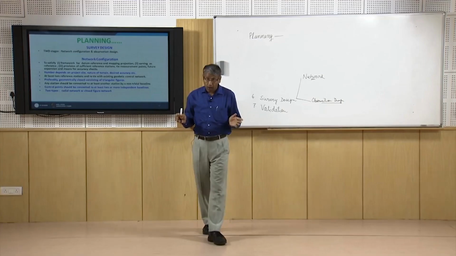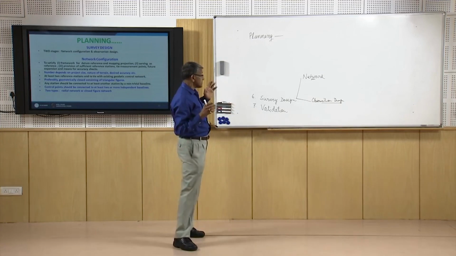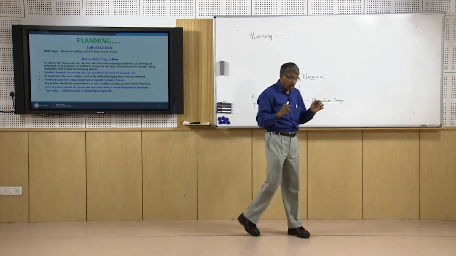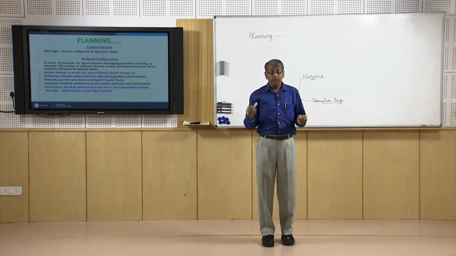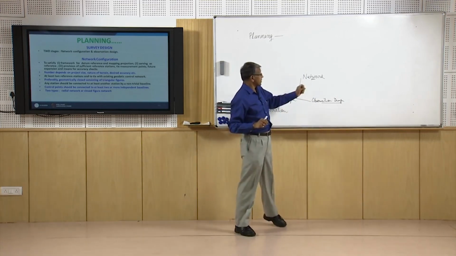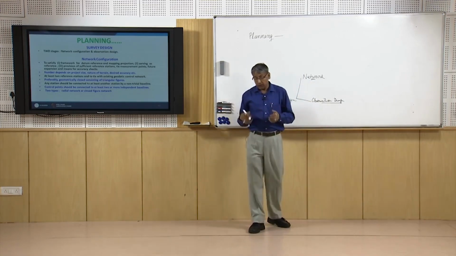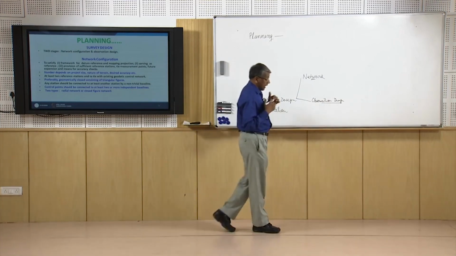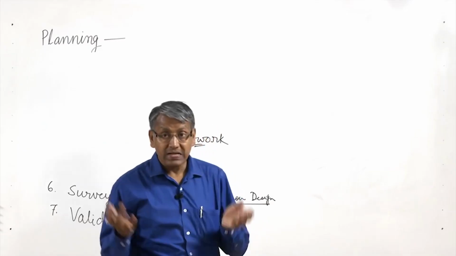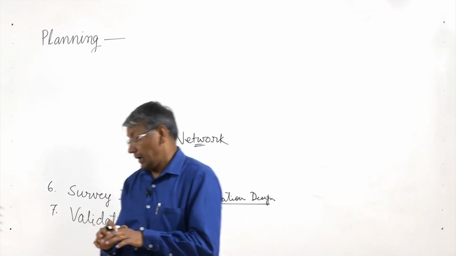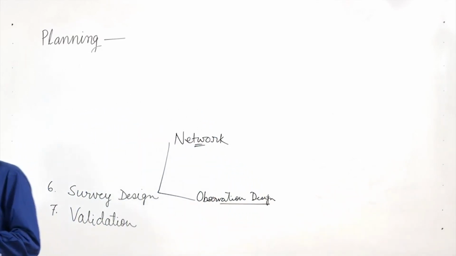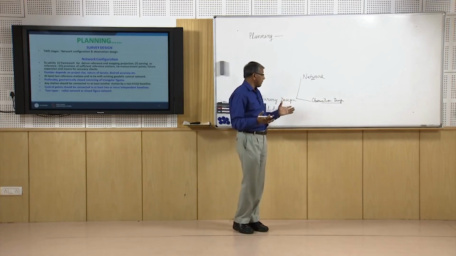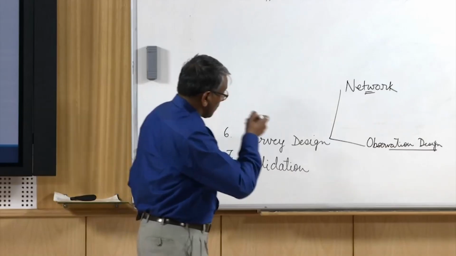That means how the receivers have to be placed at different station points during observation. If we have as many receivers as stations, then there is no problem in observation design.